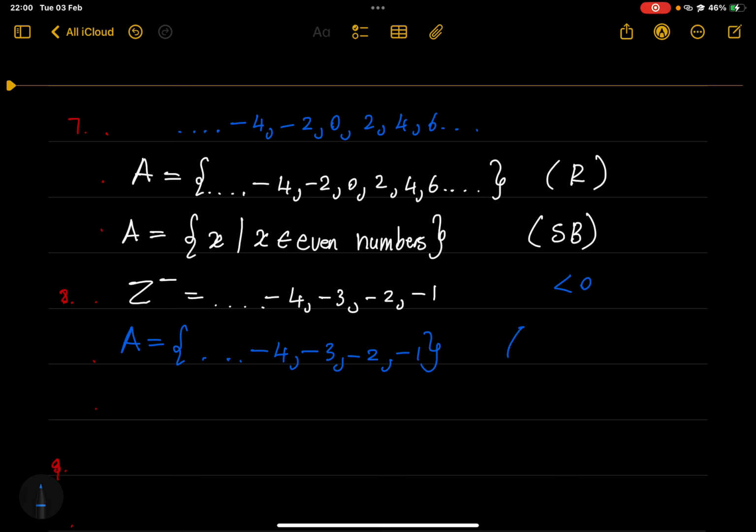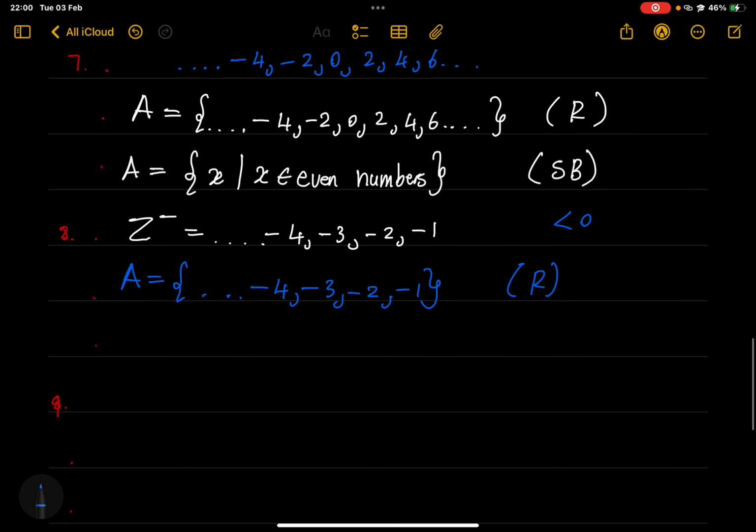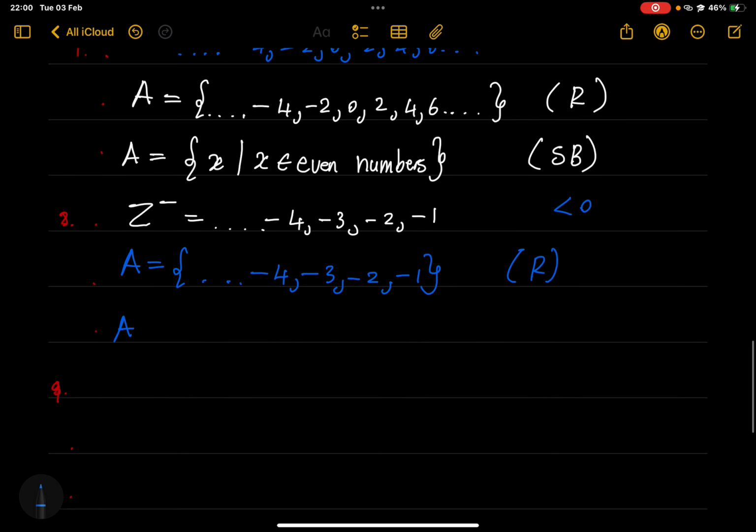So we wrote this thing using what? Roster method. Let's write it using what? Set builder notation. Using set builder notation, I will just say x, then x is an element of what? x is an element of negative integers, all of them.